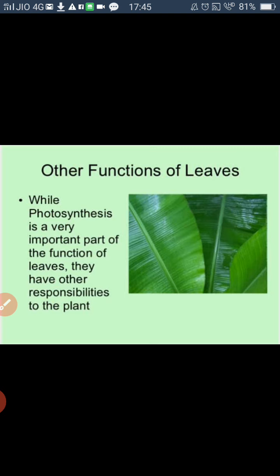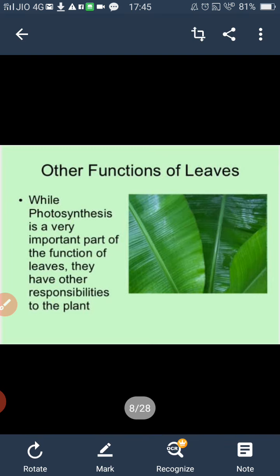This is the primary function, right? Primary means it is the main function of a leaf, that it performs photosynthesis. Now, what are the other functions of leaves? How are the leaves useful to us? They are useful to us in various ways. We use leaves in our daily life in many ways.